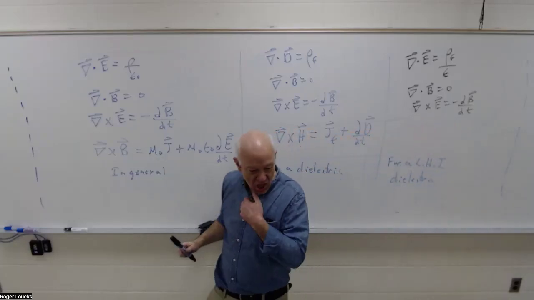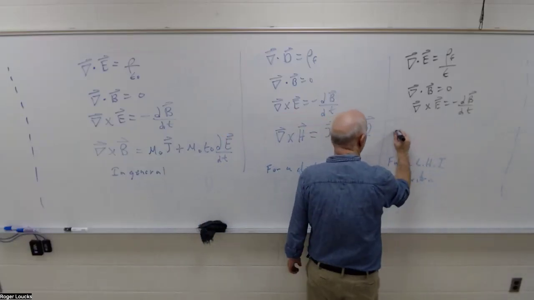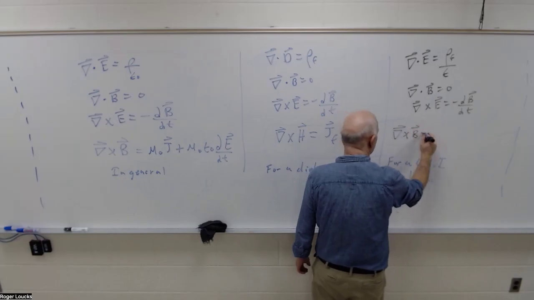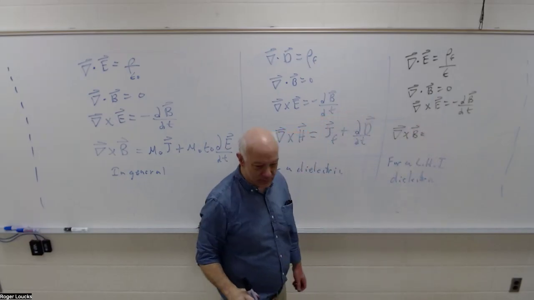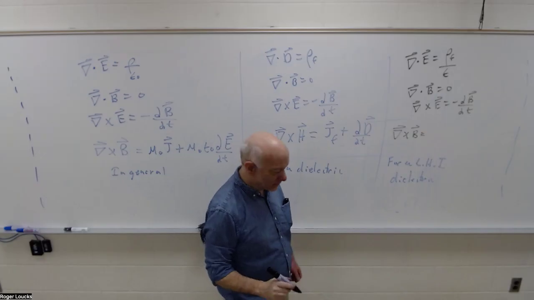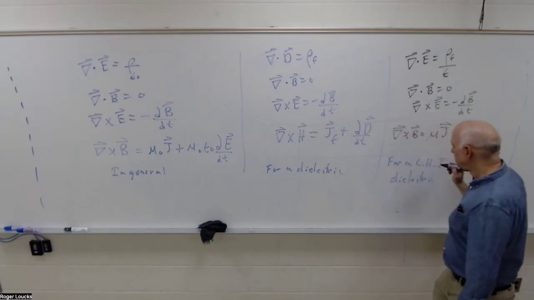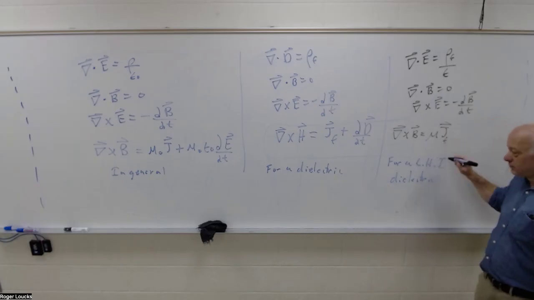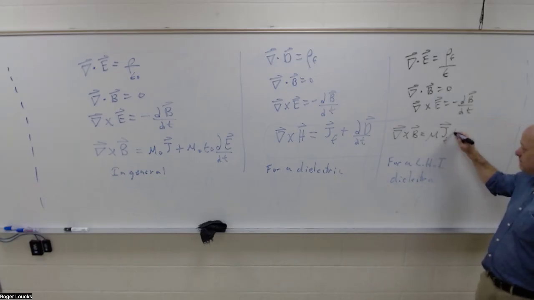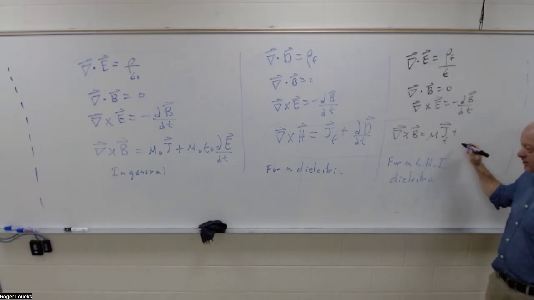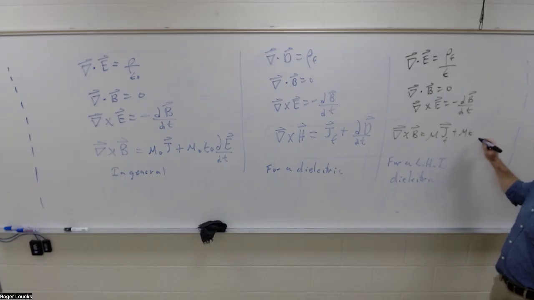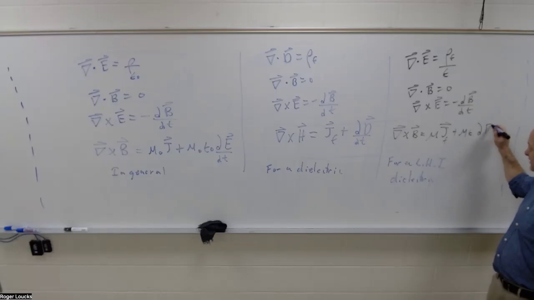The curl of B over mu equals J free plus mu epsilon partial of E with respect to t. I was about to put the epsilon with the E, but partial of E.